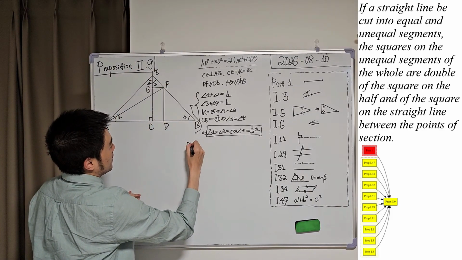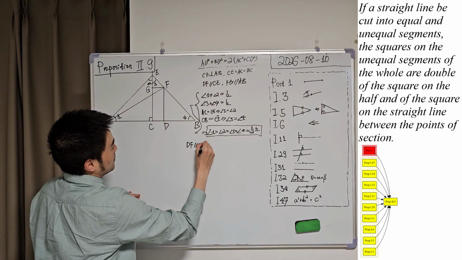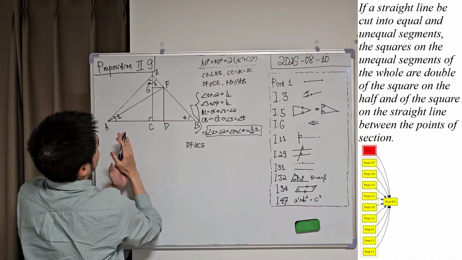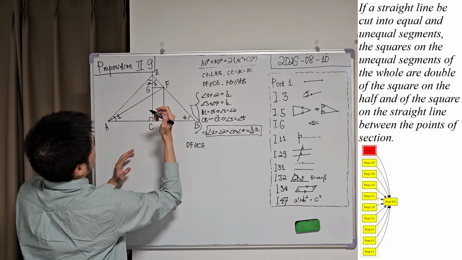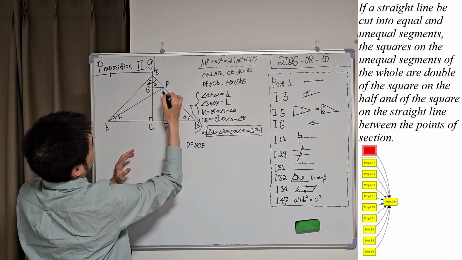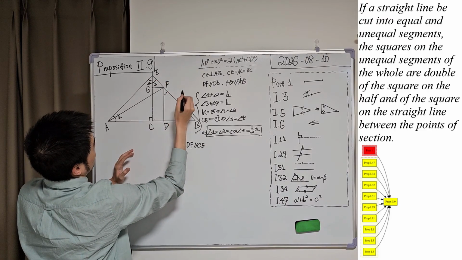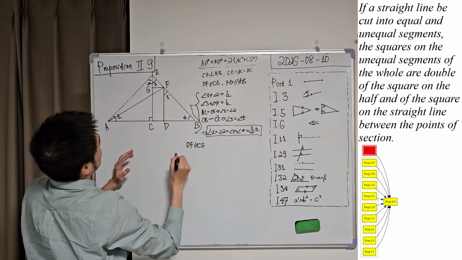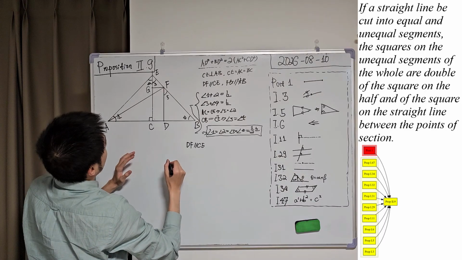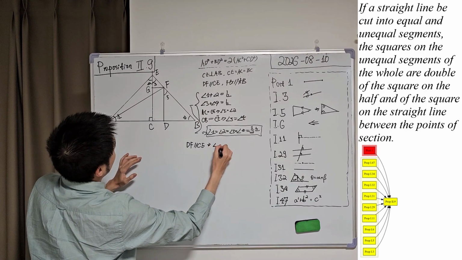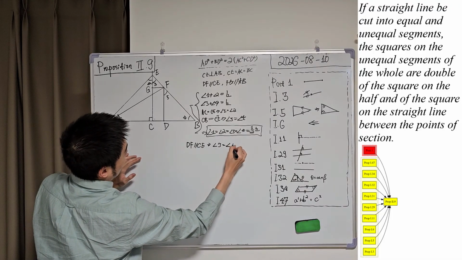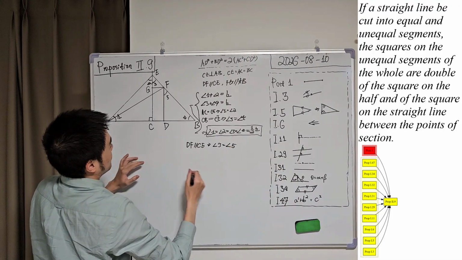We know that DF is parallel to CE, which means this angle must be equal to this angle, correct? Let's mark it angle 5. So we have angle 3 is equal to angle 5 because of Proposition 29, correct?